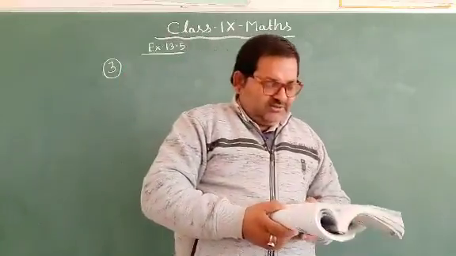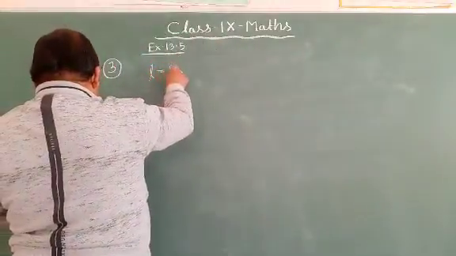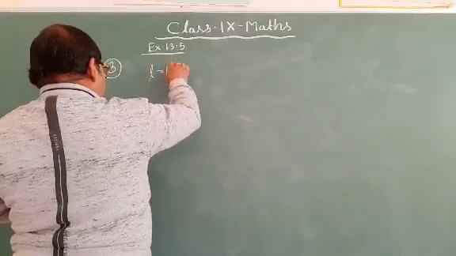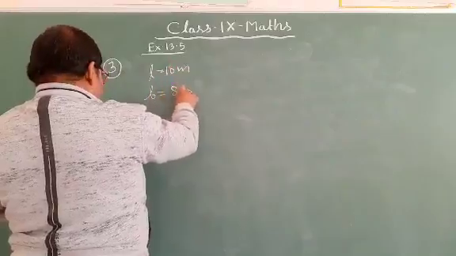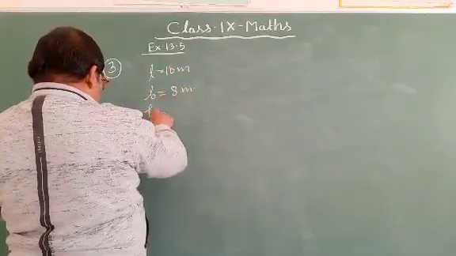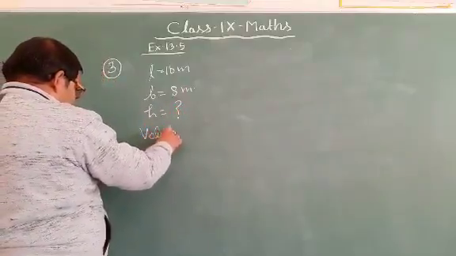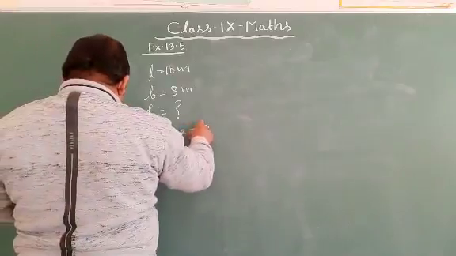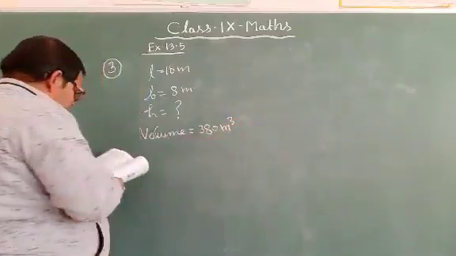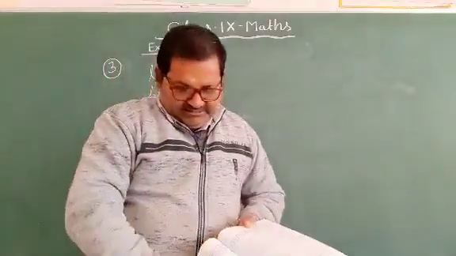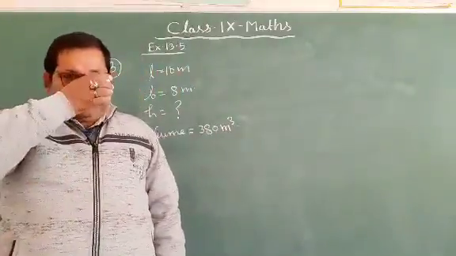In this question, the length 10 meter and breadth 8 meter are given and the height is unknown. So the volume is 380 meter cube. Volume 380 meter cube is already given.